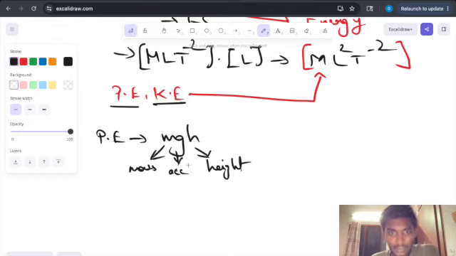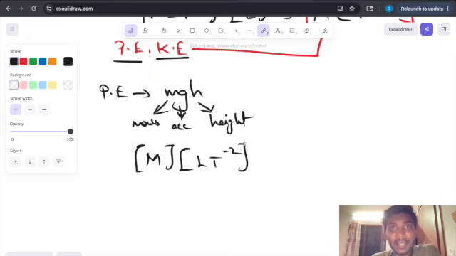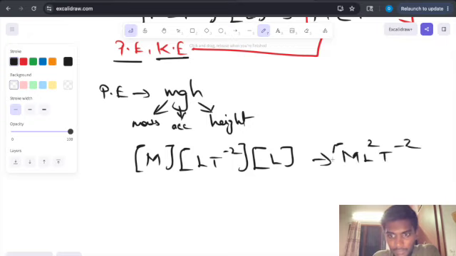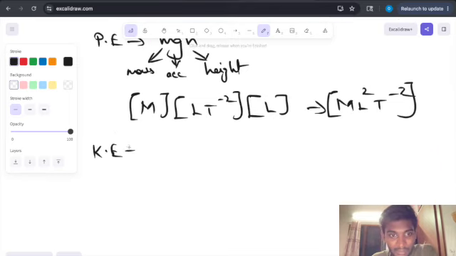I know mass is M, acceleration due to gravity is LT minus 2 again, because it is a form of acceleration, and I've explained why acceleration due to gravity and normal acceleration are the same in my previous video. You can refer to that. And height is a measurement of length, so I can put L. From this I am getting ML square T to the power of minus 2 as my dimension for potential energy. Now kinetic energy has a formula of half mv square.